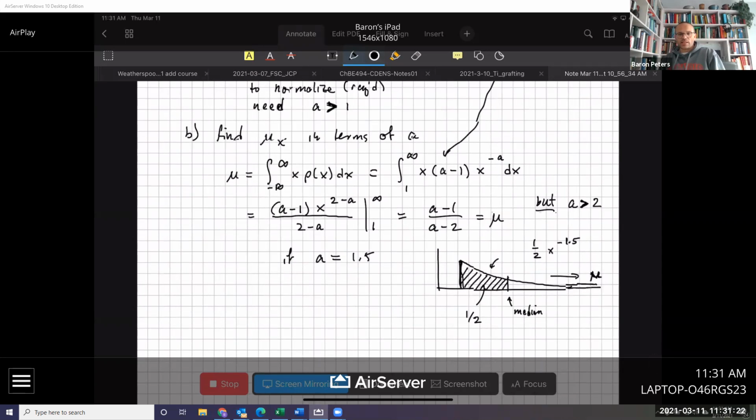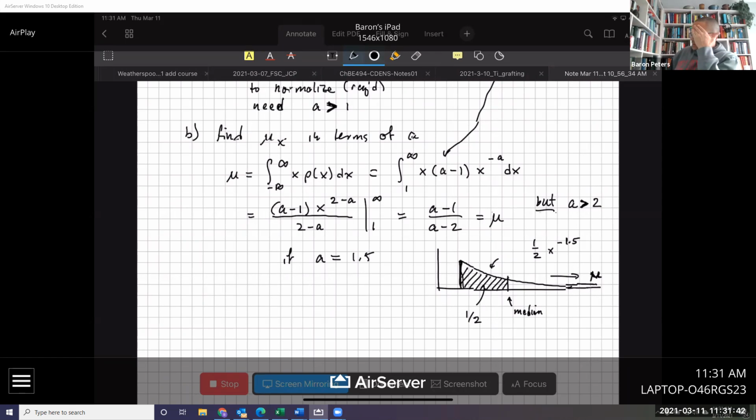So the median is a perfectly well-defined thing, and you might look at your children and say they're above average here, but they're not above average according to a definition that uses the mean as average. All right, so we have to be careful with this word average sometimes and clarify exactly what we mean.